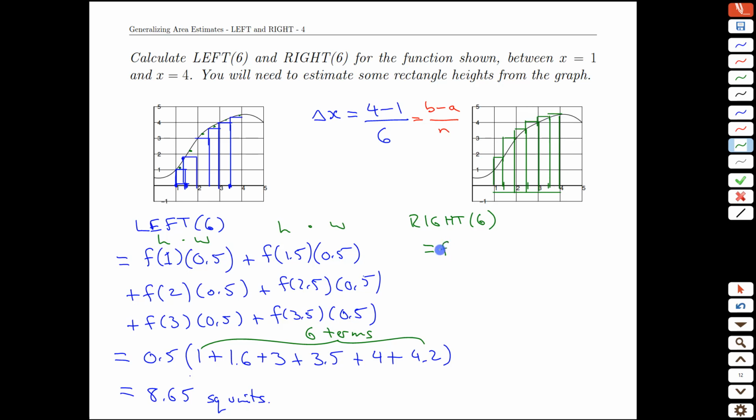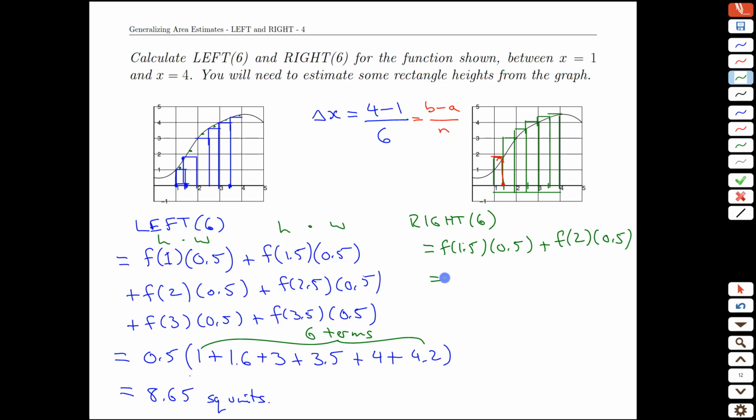When we write this out as a formula, notice the first rectangle, we went to this point and then went up to the graph, and then we built the shape. So that would be f of 1.5 times the width, which is 0.5. And then we use the height at 2 times the width.